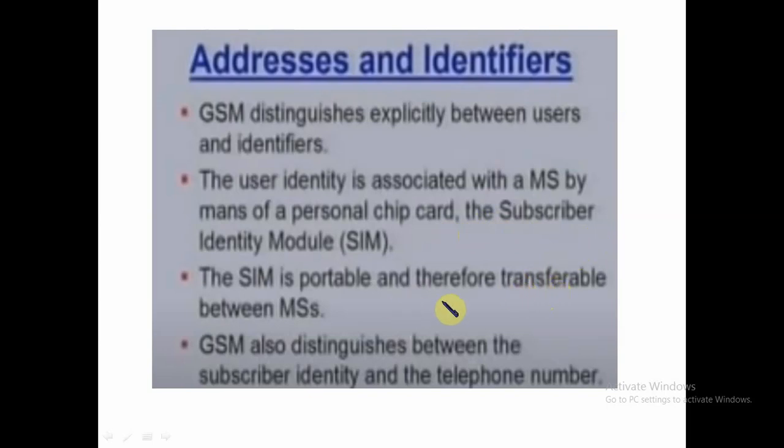The SIM is portable and therefore transferable between mobile stations or your handsets. GSM also distinguishes between the subscriber identity and telephone numbers.